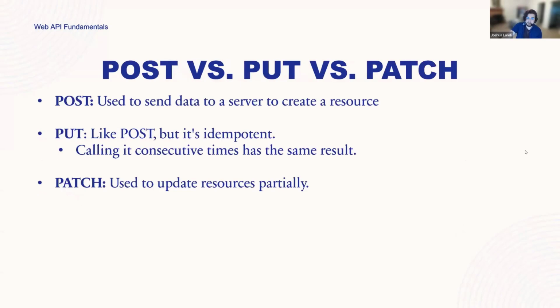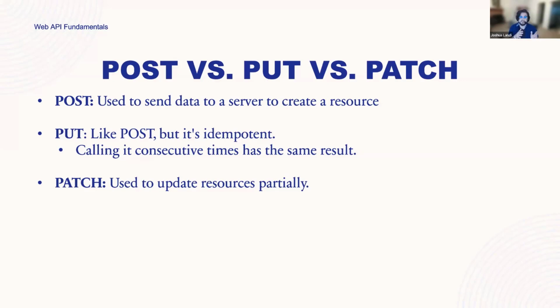Another important thing to know is there is a difference between post, put, and patch. Again, because HTTP methods are an agreed upon way of communicating, when you implement these methods, you want to adhere to what people expect. So a post endpoint is usually used to just create a new resource. If you're making a post on social media, every post is a new post.